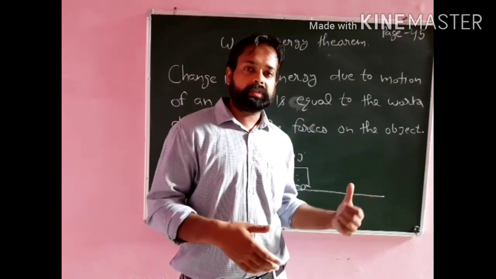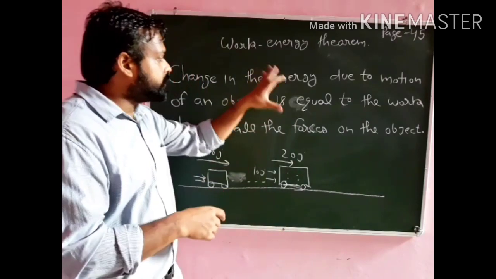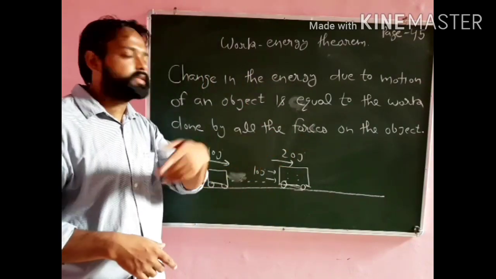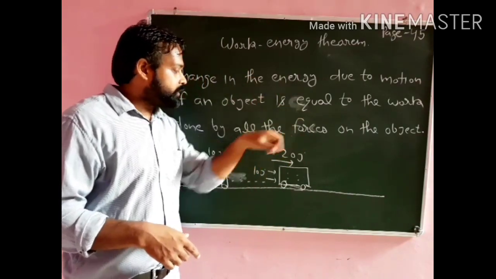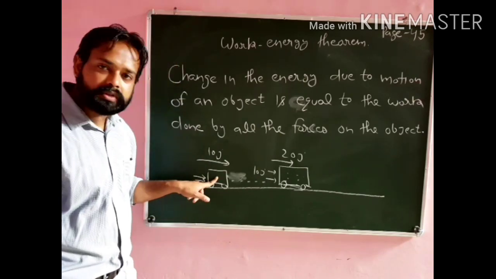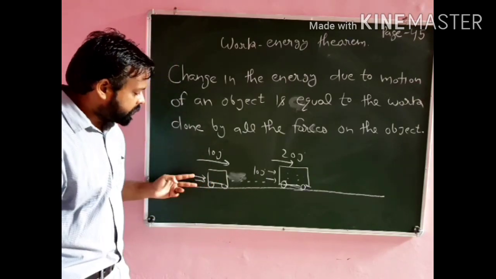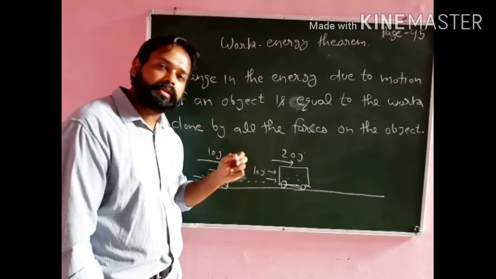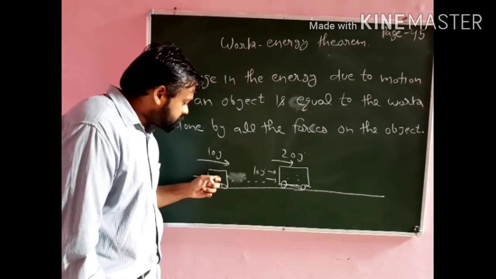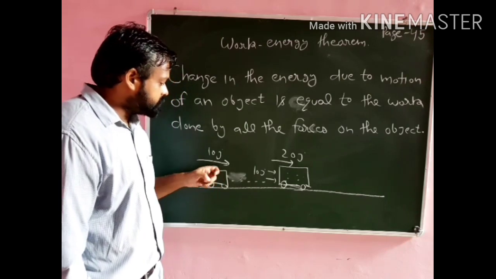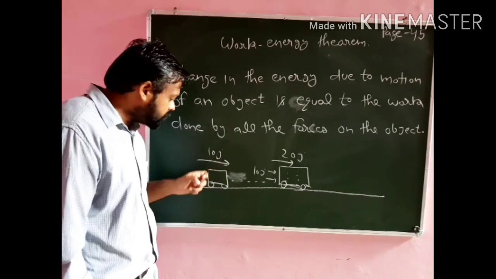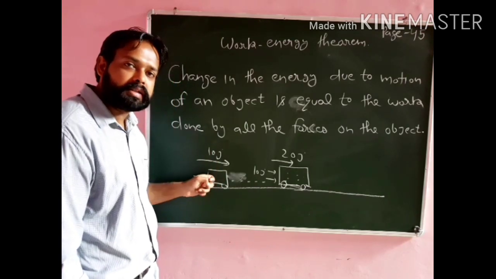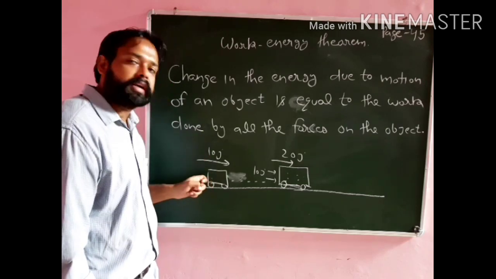So with the help of this example you can understand, and then I will read the definition that is exactly given in your book. Okay, now suppose I am pushing a car from here. I am spending 10 joule of energy and it starts moving in the forward direction. It means this car has 10 joule of energy, which is equal to the work I am doing, which is exactly equal to the force that I am applying.